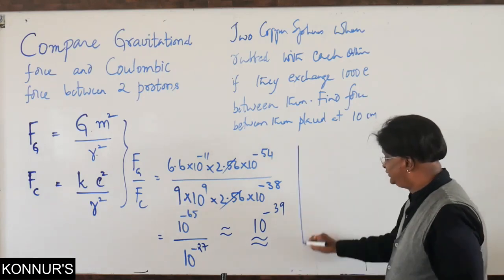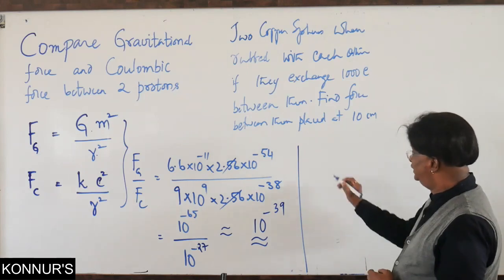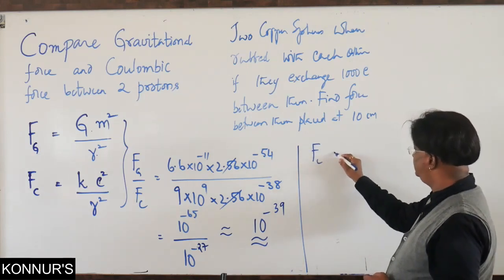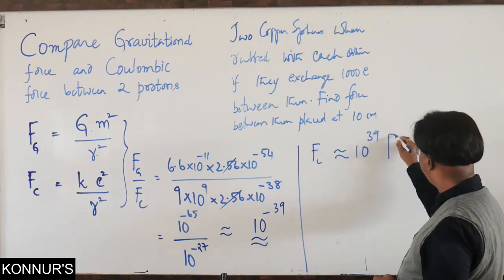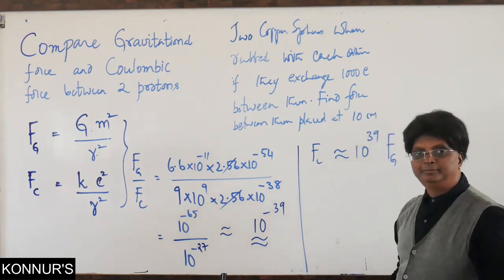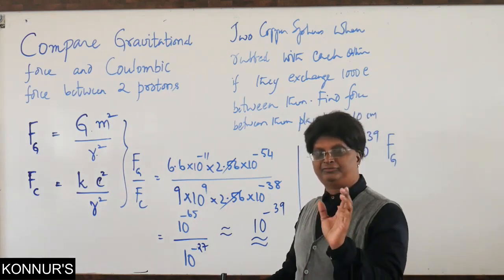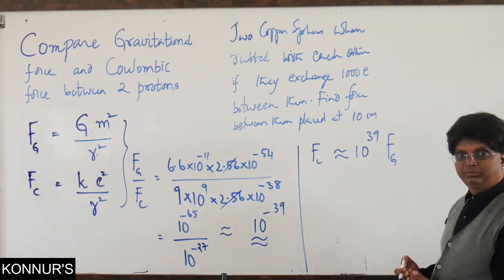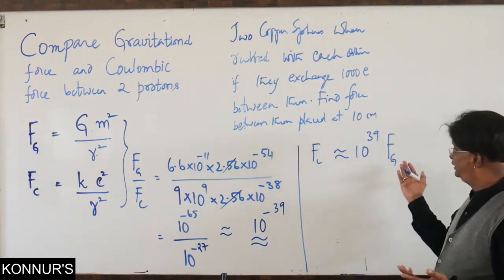Now let us see one important result from these numbers. Coulombic force is nearly 10 raised 39 times gravitational force in the case of proton. Not every time. For a given pair of particles we did an example. Look at this number, 10 raised 39 orders bigger.